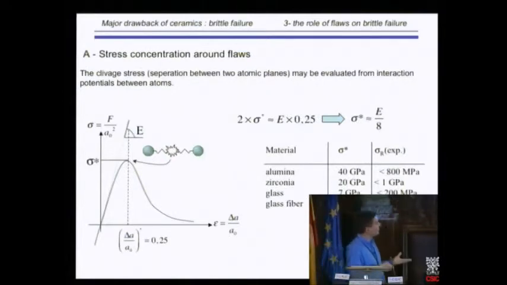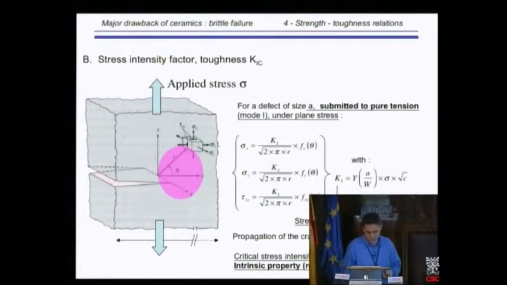So these apparent discrepancies must be explained in terms of the presence of defects that lead to stress concentration. For an applied stress of 100 megapascal, in some regions near flaws you have much larger stresses. This is explained by what we call the stress intensity factor, and then we have to relate this to the toughness.